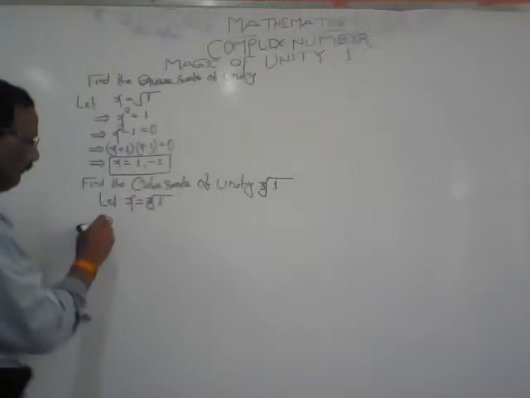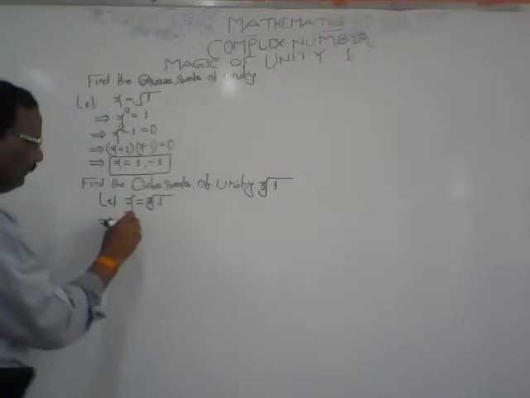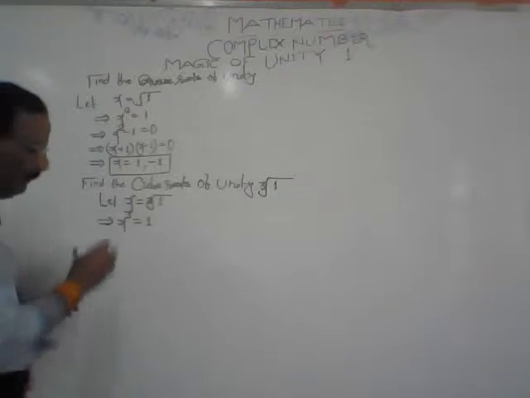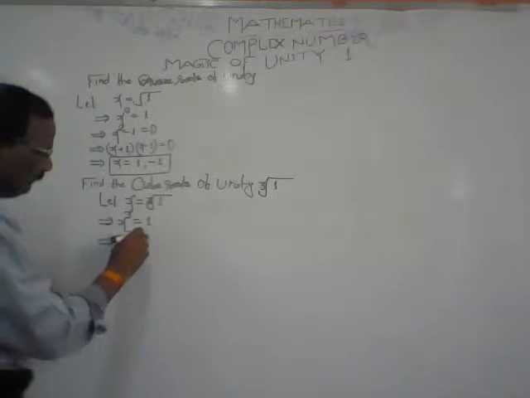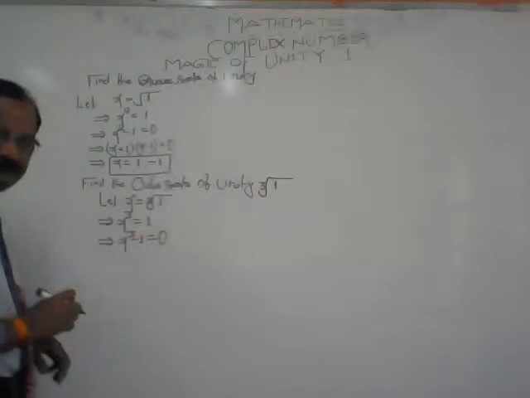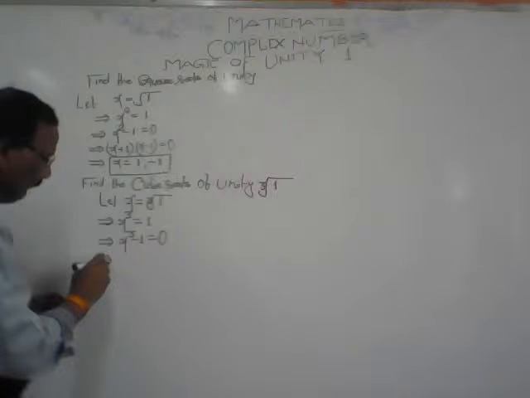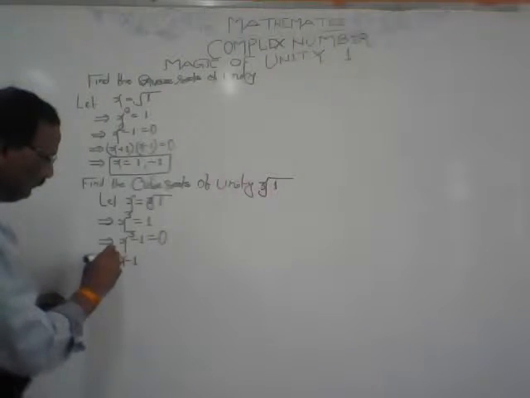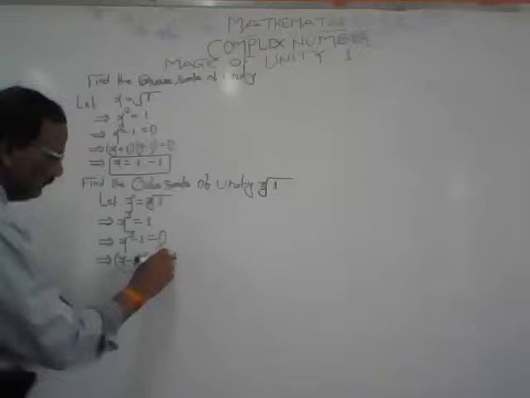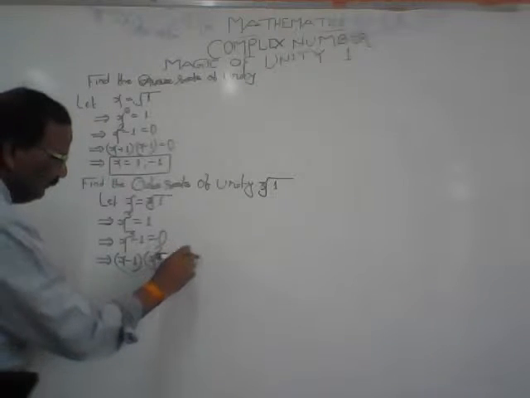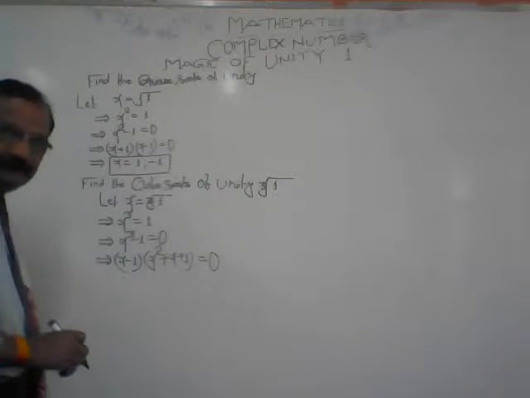This means x cube is equal to 1. This means x cube minus 1 is equal to 0. This means x minus 1 into x squared plus x plus 1 is equal to 0.